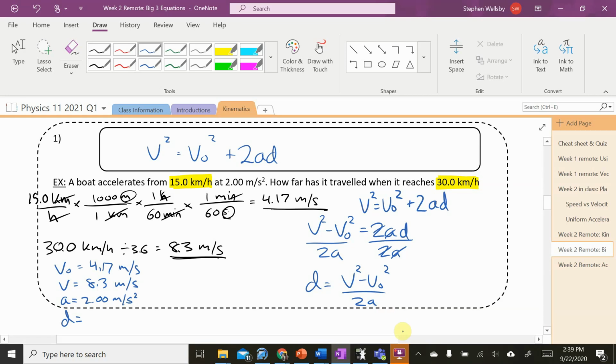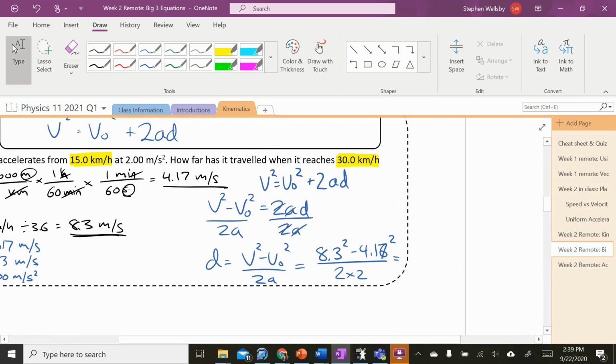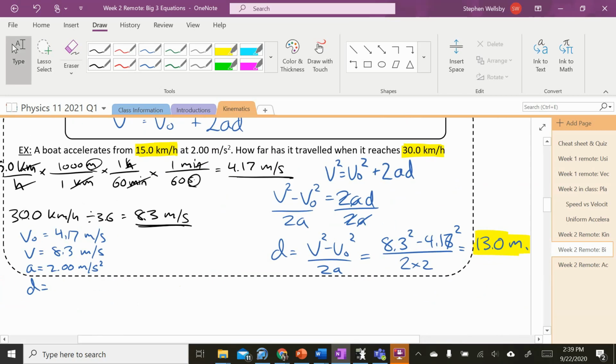And I'm left with this calculation: 8.3 squared minus 4.167 squared divided by 2 times 2. Plug that into my calculator correctly, and I should have 13.0 meters. So that is my total distance traveled for this problem.